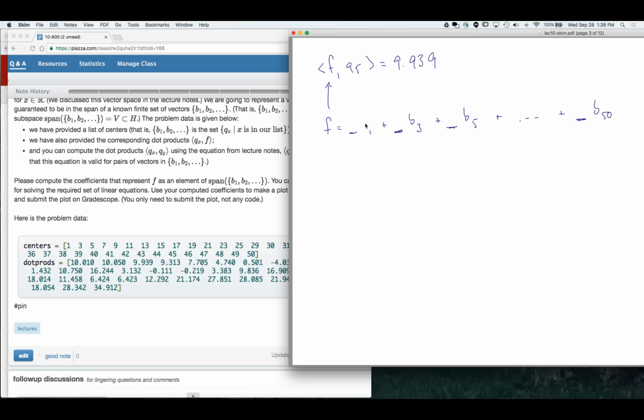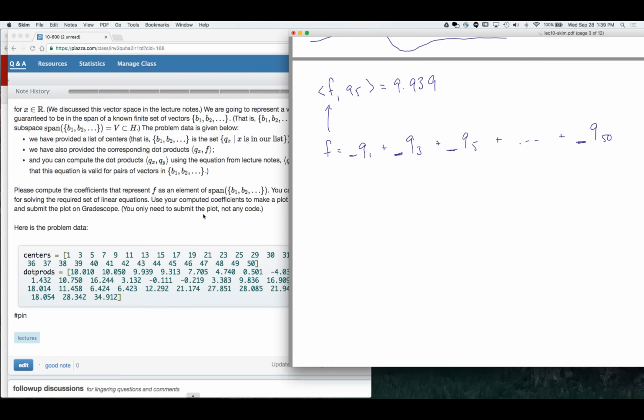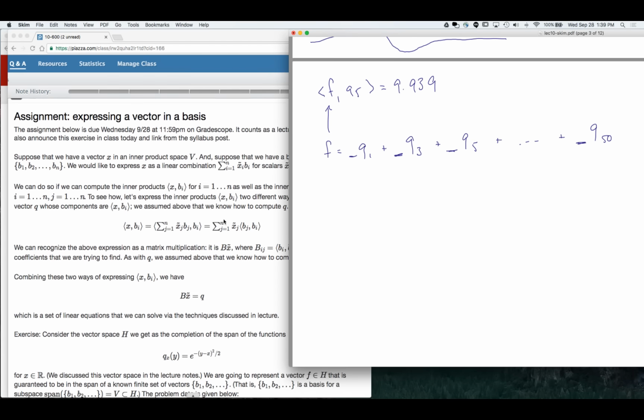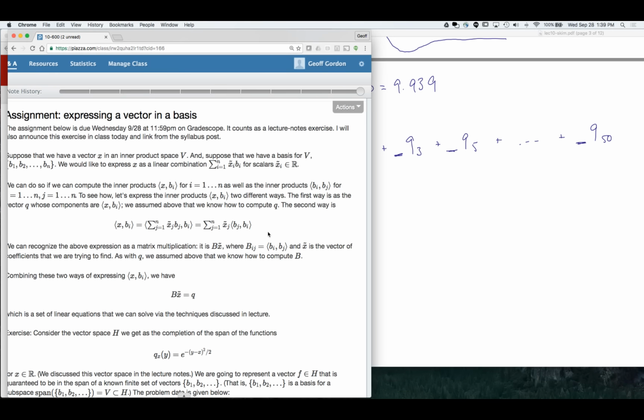Sorry, the basis functions are each one of the q's, so I should write this as q1, q3, q5, all the way up to some number times q50. And so the 1, 3, 5, these are the numbers in the centers, and these coefficients, right up here, we were calling x tilde sub i.